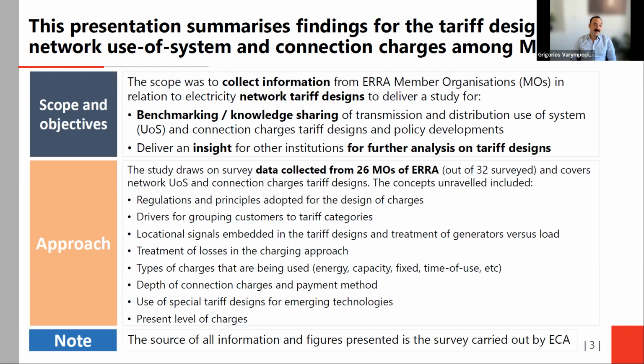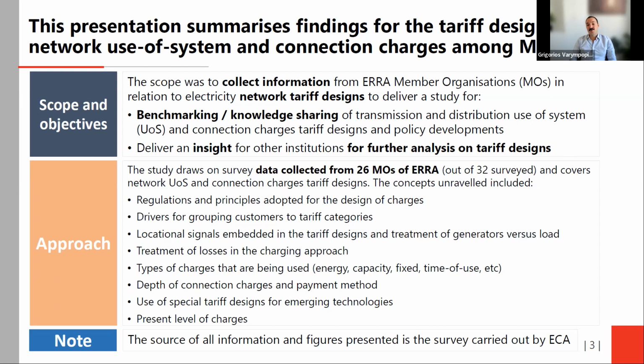A second objective was to deliver an insight for other institutions for further analysis on tariff design elements. The study draws on survey data collected from 26 member organizations of ERRA out of 32 surveyed. So there was a very good response rate on the questionnaires we submitted, and it covers network use of system charges and connection charges for tariff design.